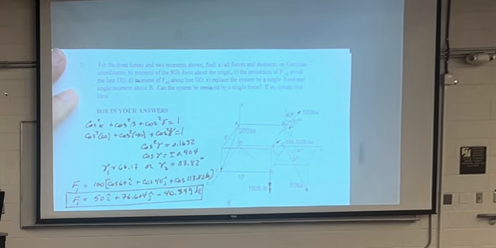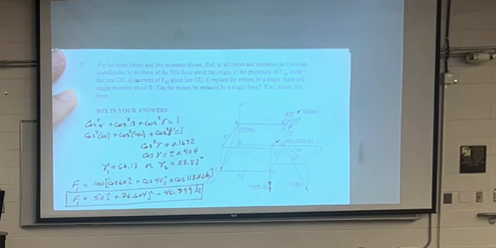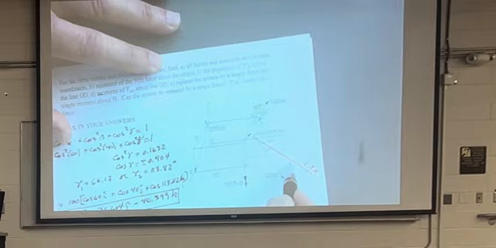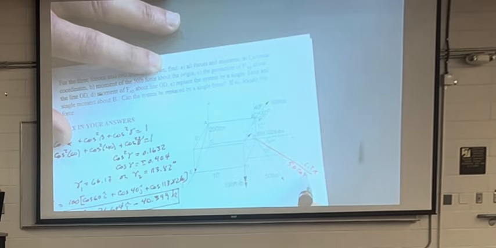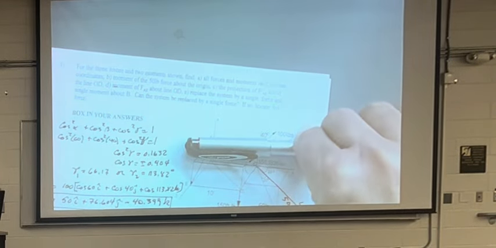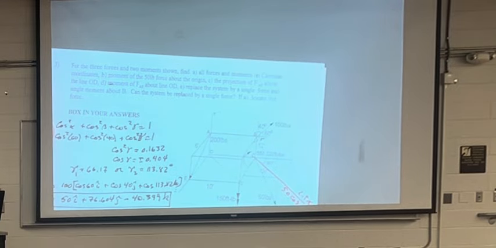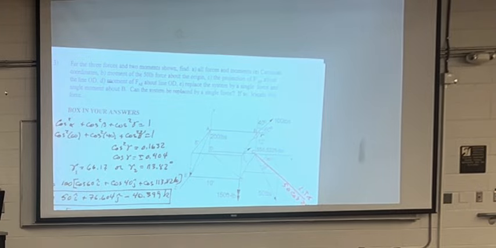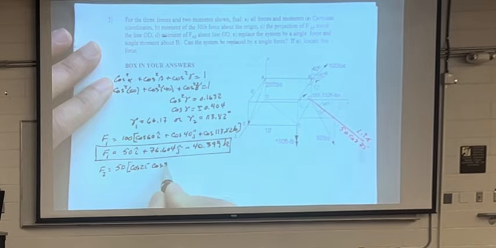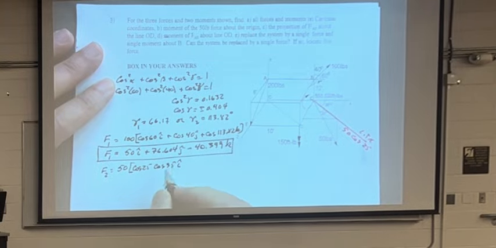Next force, I need F2. I'm going to call this one the 50. That's 50, and now I see the line to nowhere sits right here. This will be 50 cosine of 25. Now if I swing it cosine 35, I'll land on the x. So this is 50 times cosine 25, that puts me on the line to nowhere. Then I swing it cosine 35 to get me to the i, or x-axis.